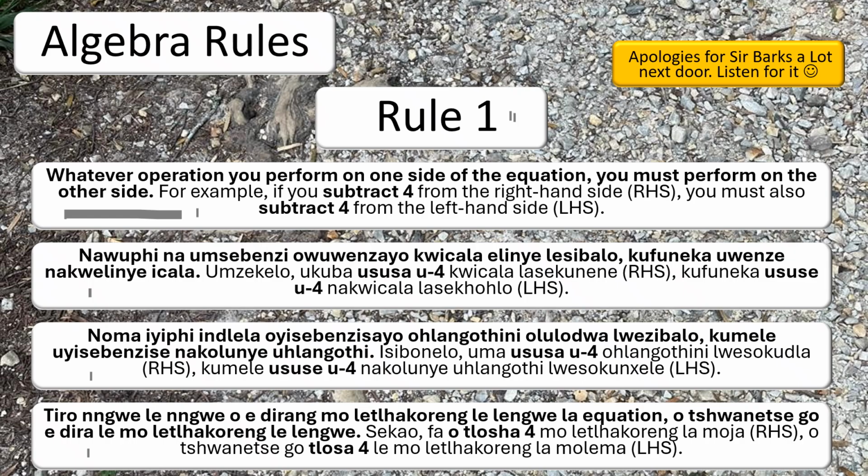So rule number 1, whatever operation you perform, operation plus, minus, divide, multiply, on the one side of the equation, you must perform on the other side. For example, if you subtract 4 on the left-hand side, you must do the same to the right-hand side. I will show you examples of that. Let's have a look.